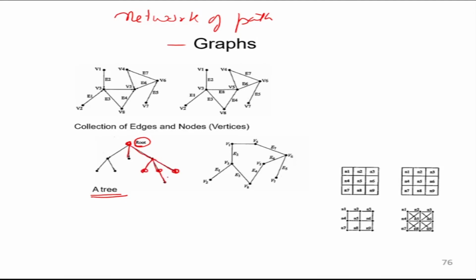Each of these is a node, and this is an edge, and that is a node. You can also have a graph which is not tree type, a collection of edges and nodes where you have nodes like this, and these are edges. So these are two types of networks, or graphs, that you can have.